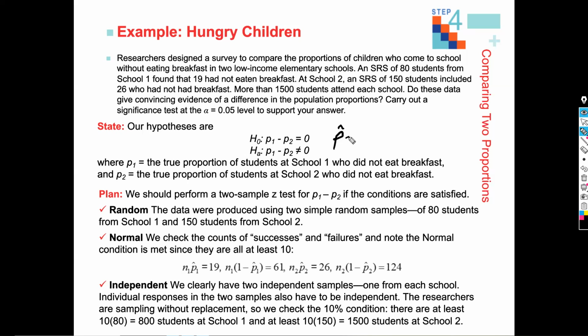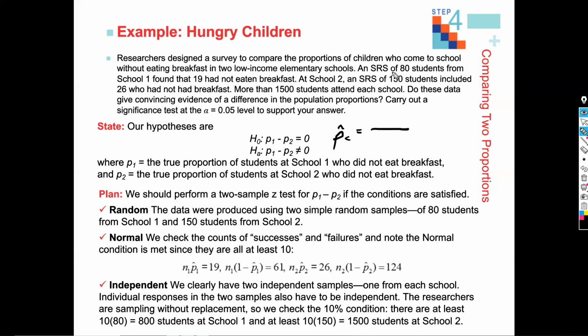P hat sub C is saying, let's combine these and treat them as one sample. Because if these two proportions are the same, then they're coming from the same population.